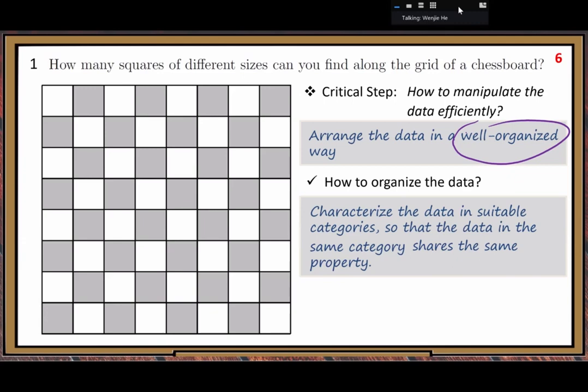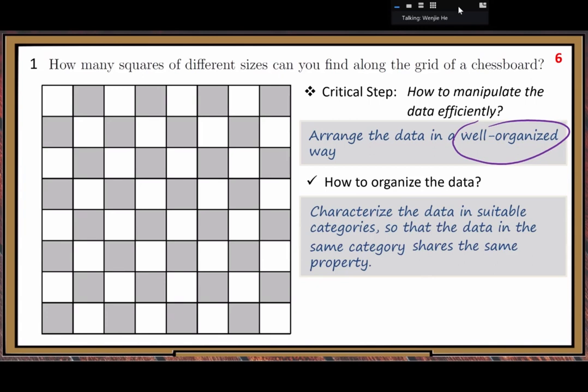Now I can answer the question, what's the benefit to organize the data? After we put our data in different categories, then in individual categories, we can apply the same property. Data in the same category should share the same property, right?